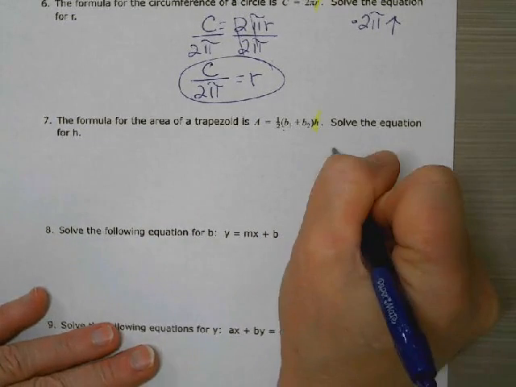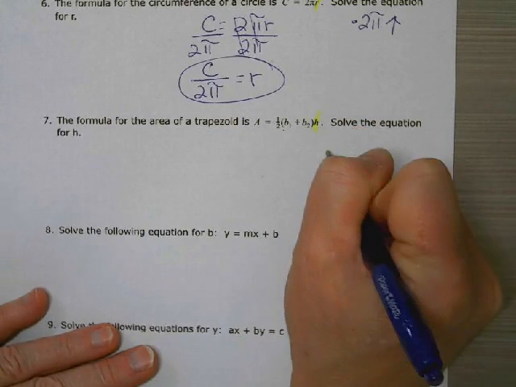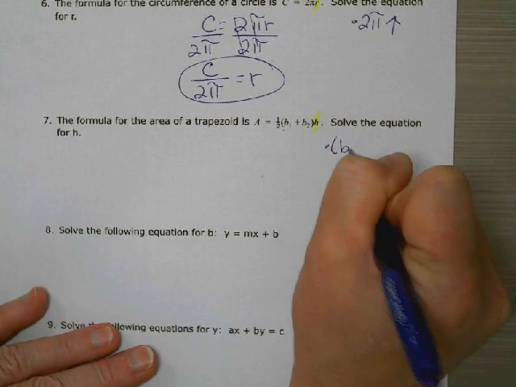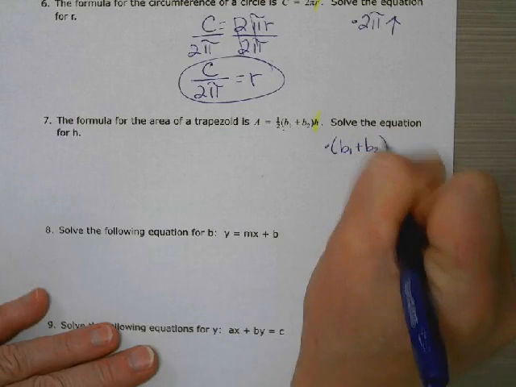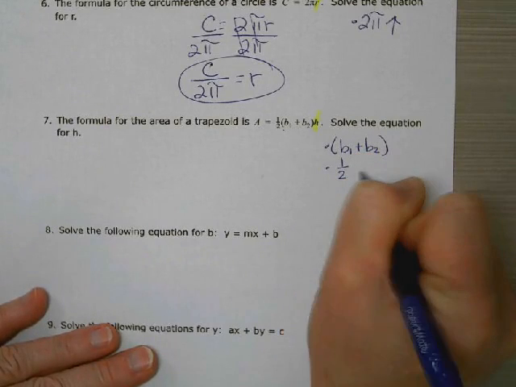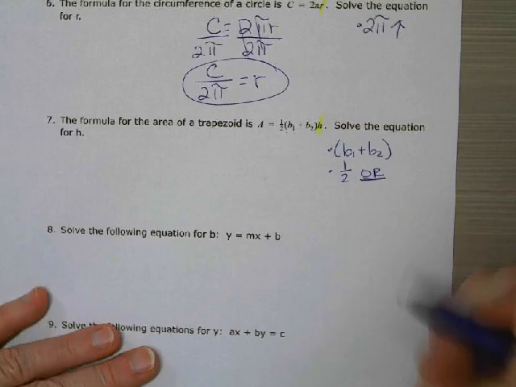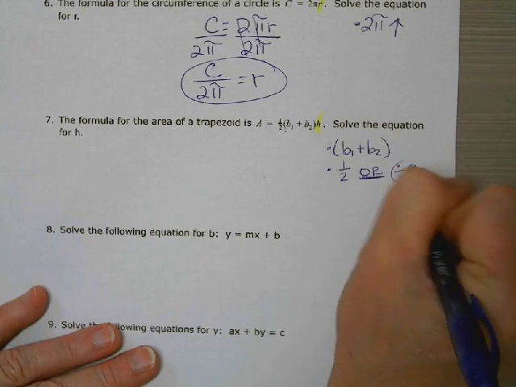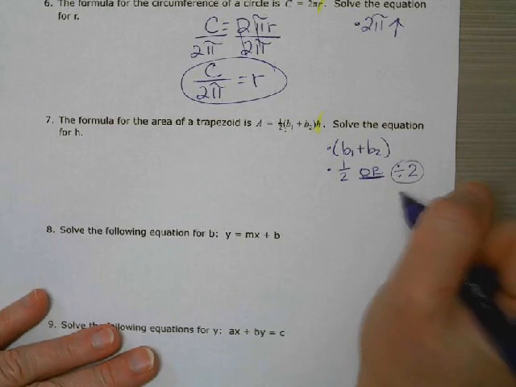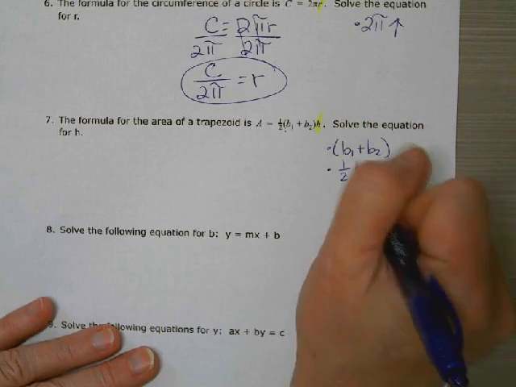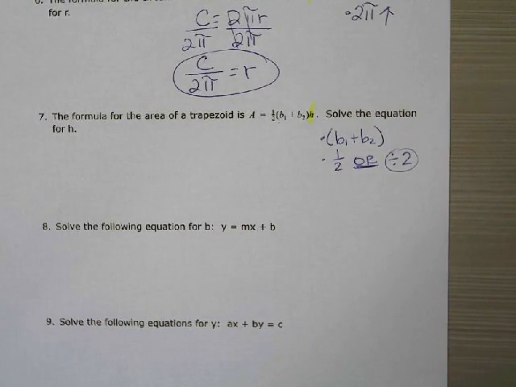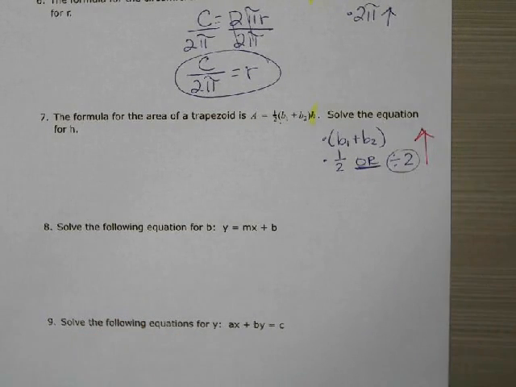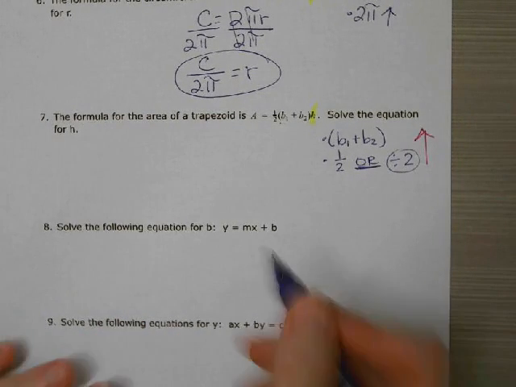So what's happening to h is we're multiplying by b1 plus b2, and we're multiplying by 1/2, or the other thing of multiplying by 1/2 is dividing by 2, and many of us prefer this because we know how do we get rid of dividing by 2. We don't like so much the multiplying by 1/2 or then dividing by 1/2. We don't like that quite as much. So I am going to get rid of the dividing by 2 first.